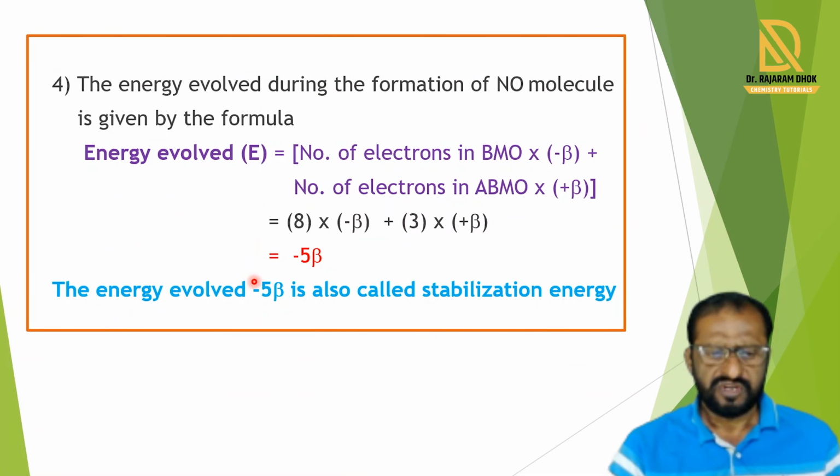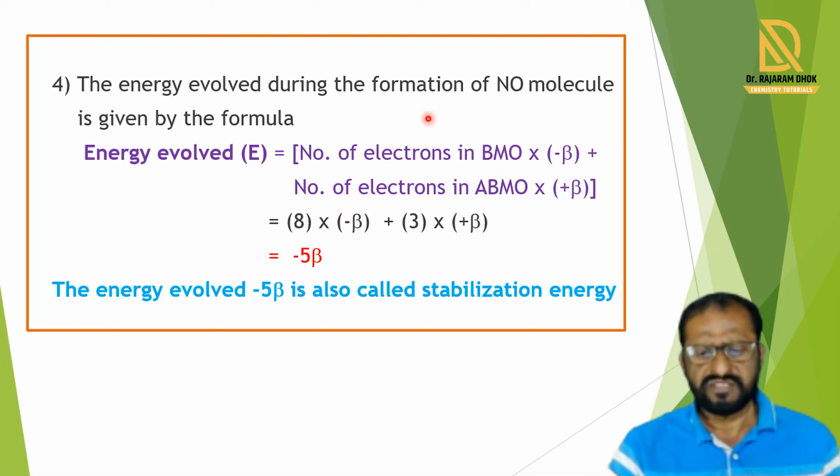Now we see the fourth point, energy evolved during the formation of the NO molecule. This energy evolved is calculated by the formula: energy evolved E is equal to the number of electrons in bonding molecular orbitals into minus beta plus the number of electrons in antibonding molecular orbitals into plus beta.